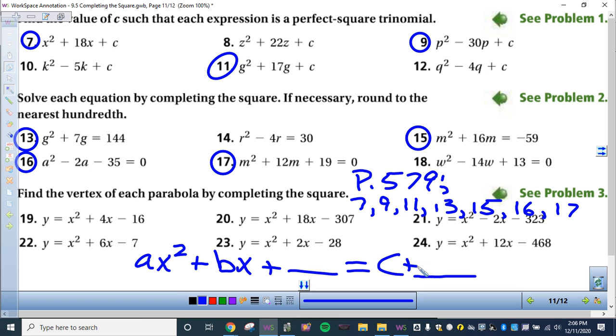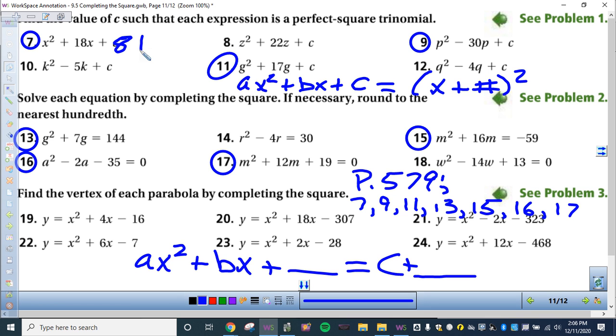And up here, you want it to go from this. It's basically a binomial, so some number here squared. So you want it just to do that part. If you look at 7, you do 18 divided by 2, which is 9, squared, which is 81. So 81 would go up there. And then it's just x plus 9 in parentheses squared. That's it.